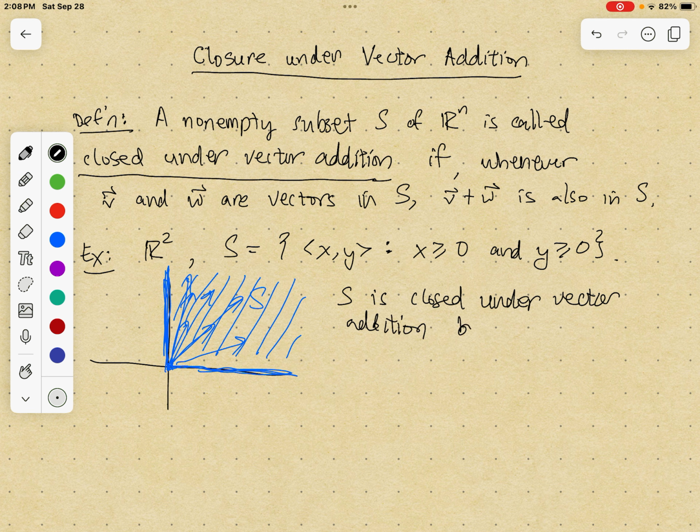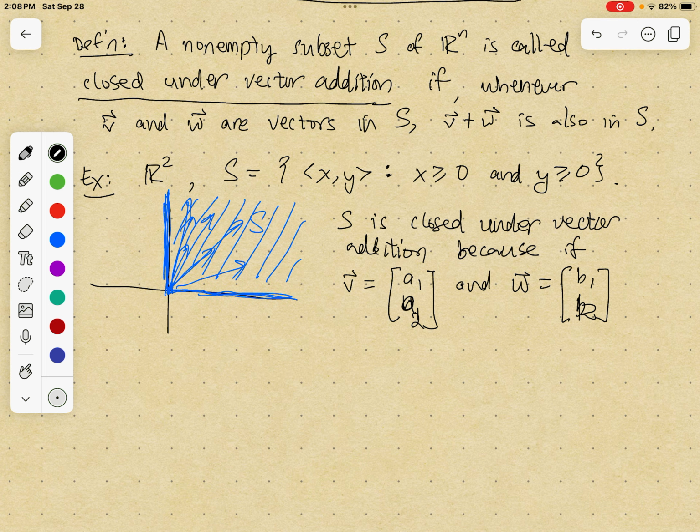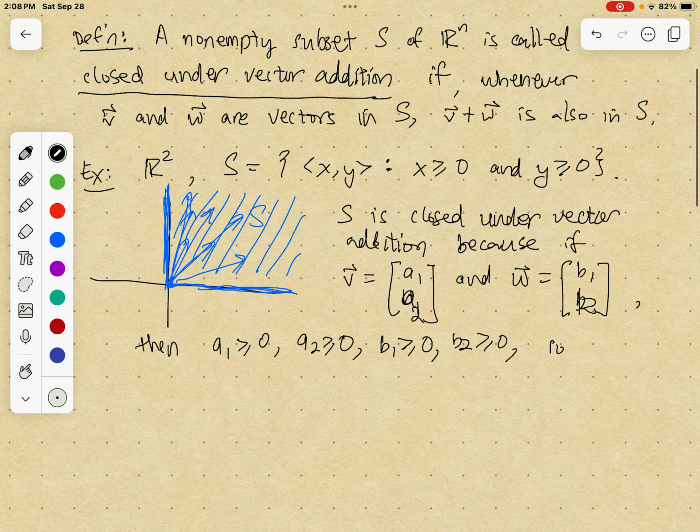Okay, let's write a proof of this. If you take two arbitrary vectors in S, so let's say v is (a1, a2) and w is (b1, b2), then we know that a1 is greater than or equal to 0, a2 is greater than or equal to 0, b1 is greater than or equal to 0, b2 is greater than or equal to 0.